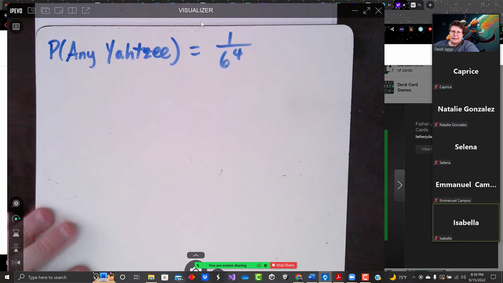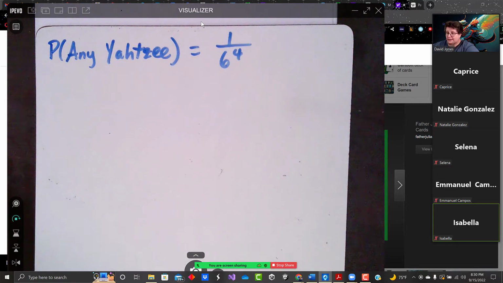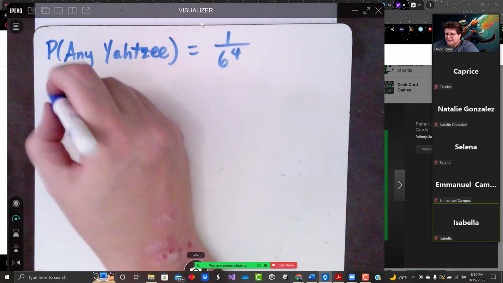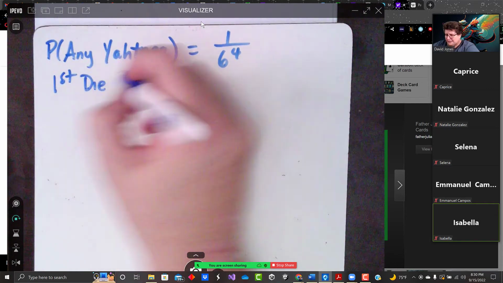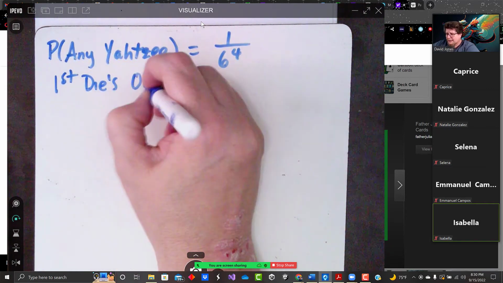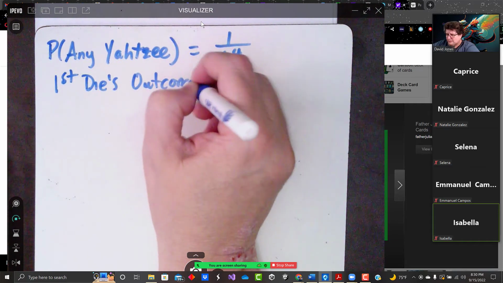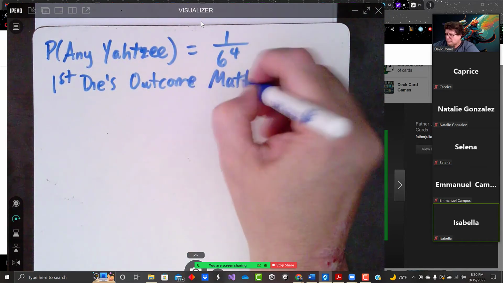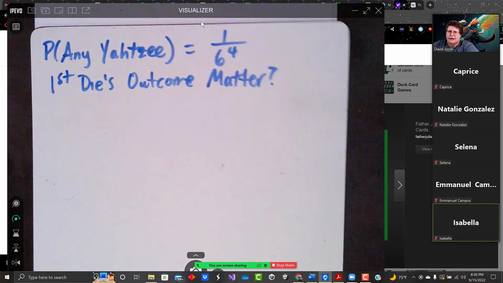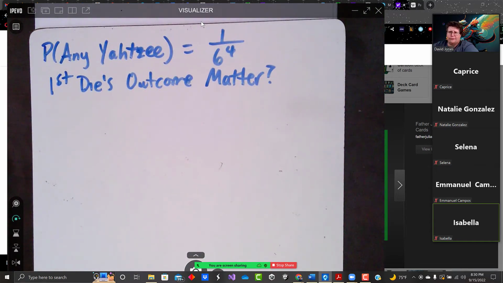Another way of doing that calculation, it might help you when you're thinking about stuff, is if we just want any Yahtzee, does the first die's outcome matter? Do I care if I roll a 1, a 2, a 3, a 4, a 5, or a 6 on the first die, if I just want any Yahtzee? No. The only thing I care about is that the rest of them match the first.